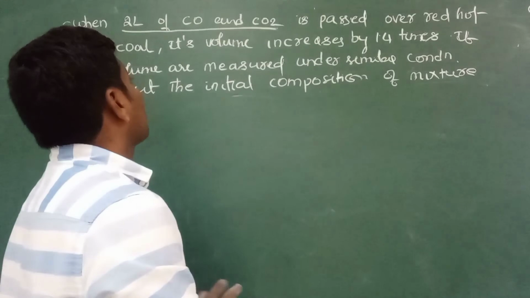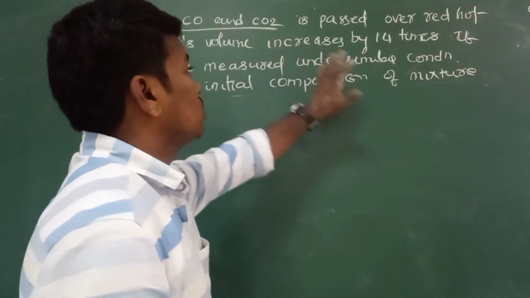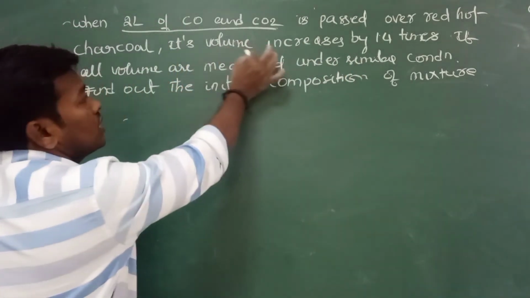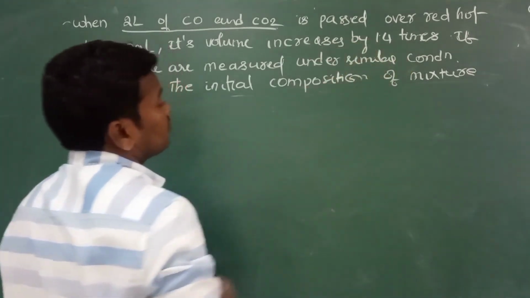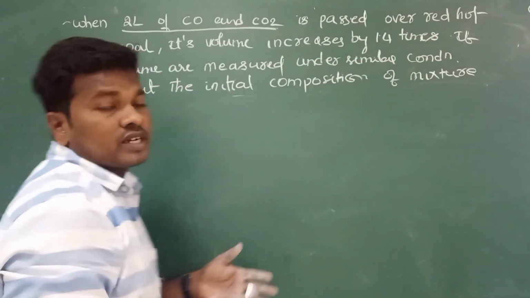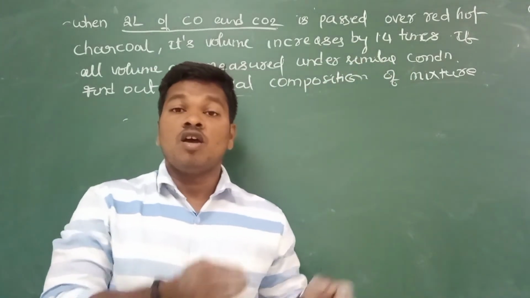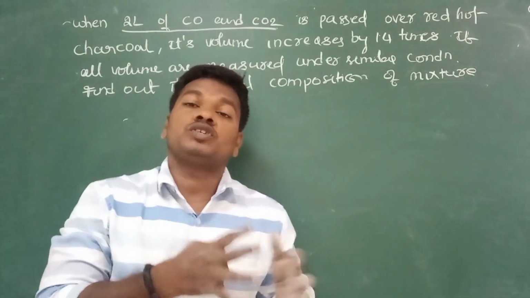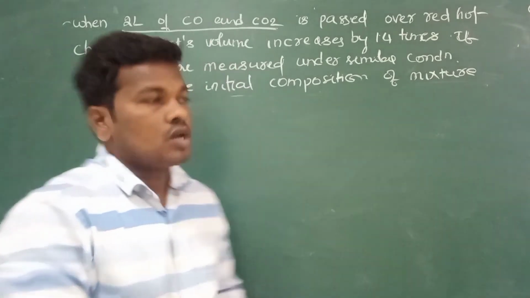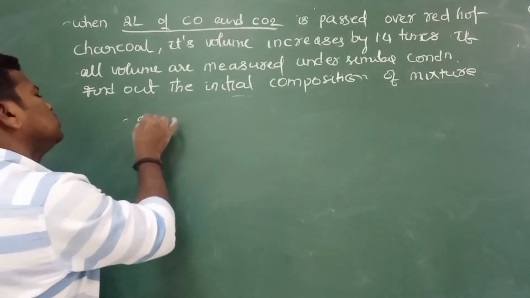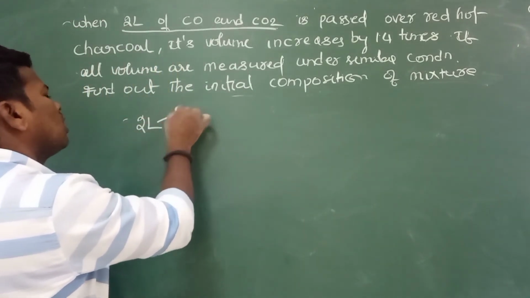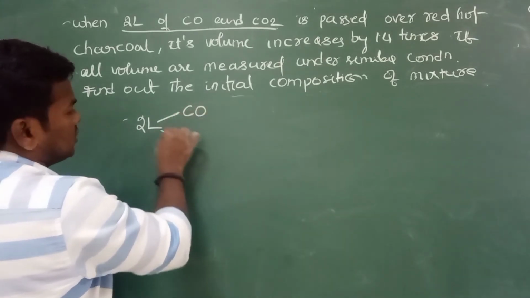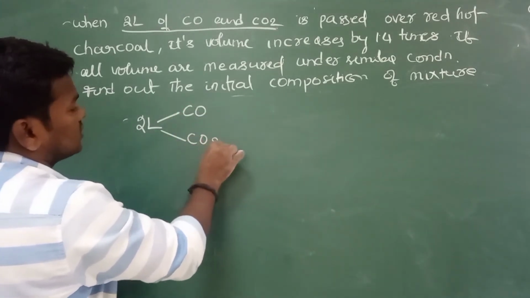In the next question, they have given 2 liters of a CO and CO2 mixture passed over red hot charcoal. Its volume is increased by 1.4 times. If all volumes are measured at the same pressure and conditions, find the composition of the final mixture.